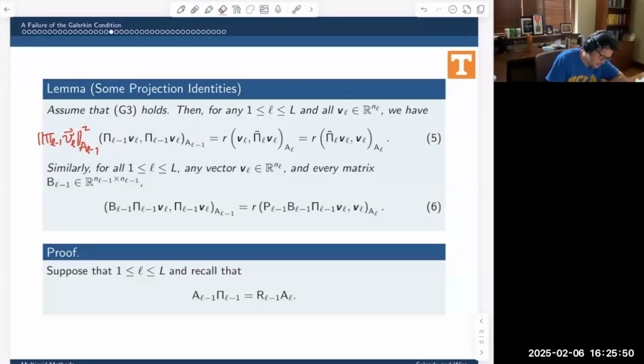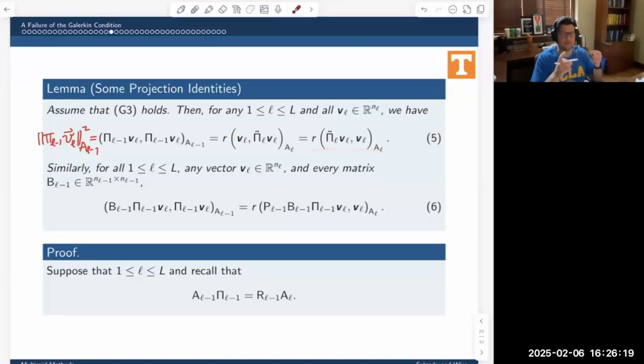We're going to show that this object, for any VL in R^nL, is equal to R times this inner product, which, because this is a self-adjoint matrix, we could throw over to that side, and so it's the same as that.